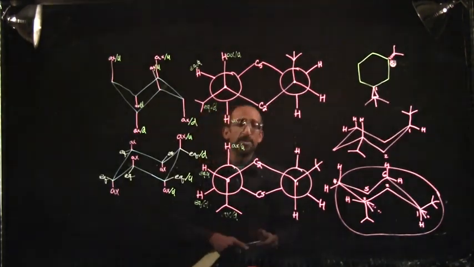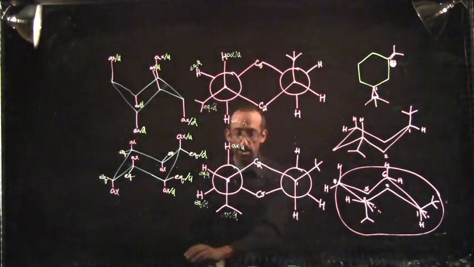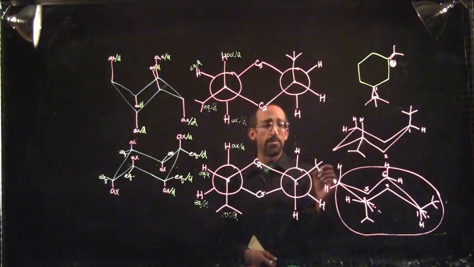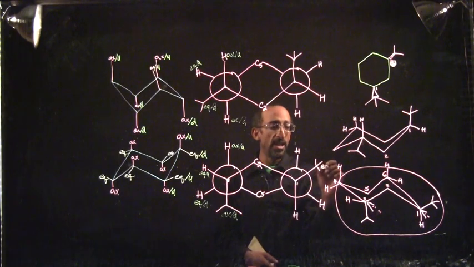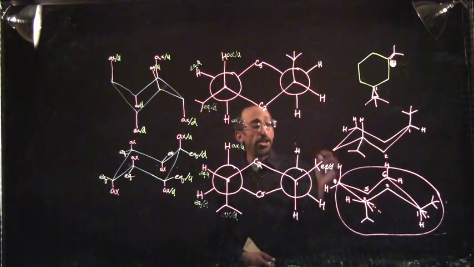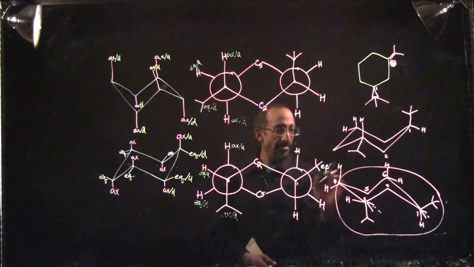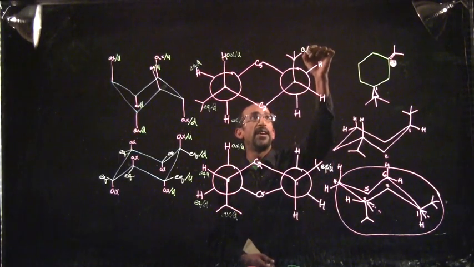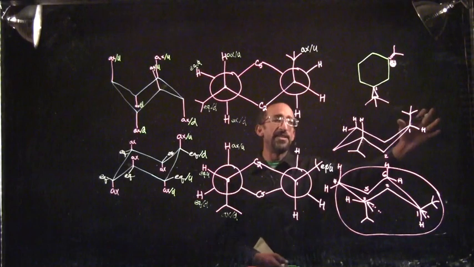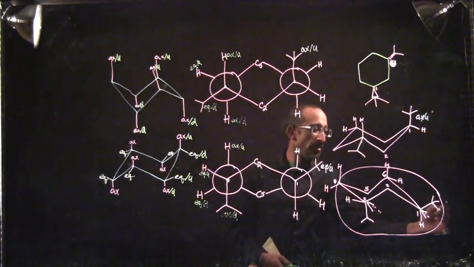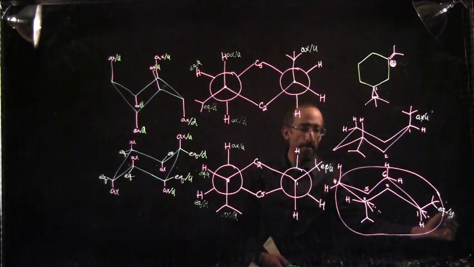And the same thing can be seen for the substituents on carbons 1 and 6. Our tert-butyl group in this lower Newman projection began as equatorial down. Same here, equatorial down. Now, equatorial up. Now it is axial up, same as it is here. And this was equatorial up.